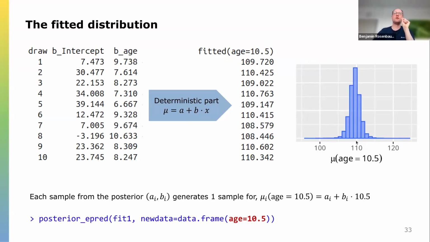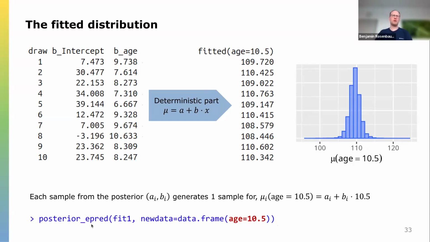Note that this is only using the deterministic part so far. So it's just a distribution of the mean regression line, just the deterministic part. So each sample from the posterior generates one sample for the prediction. And I can plot the histogram for these predictions. And you can use either the command fitted or the command posterior_epred.